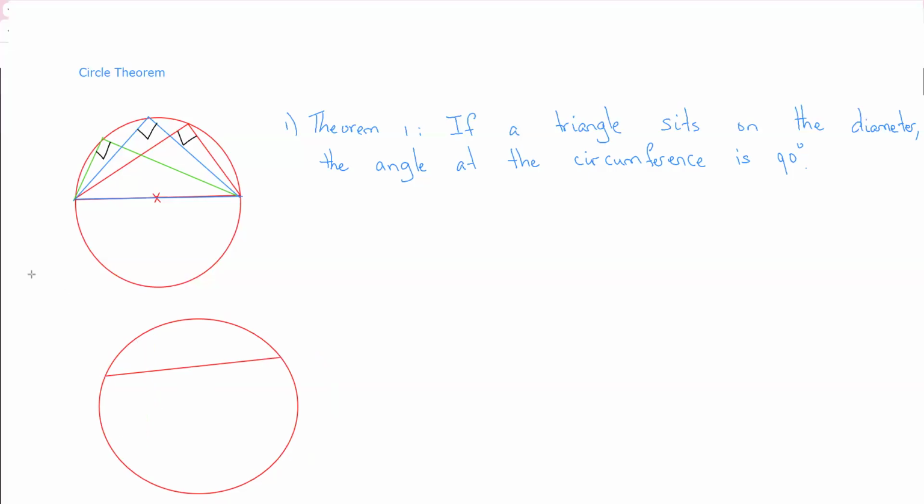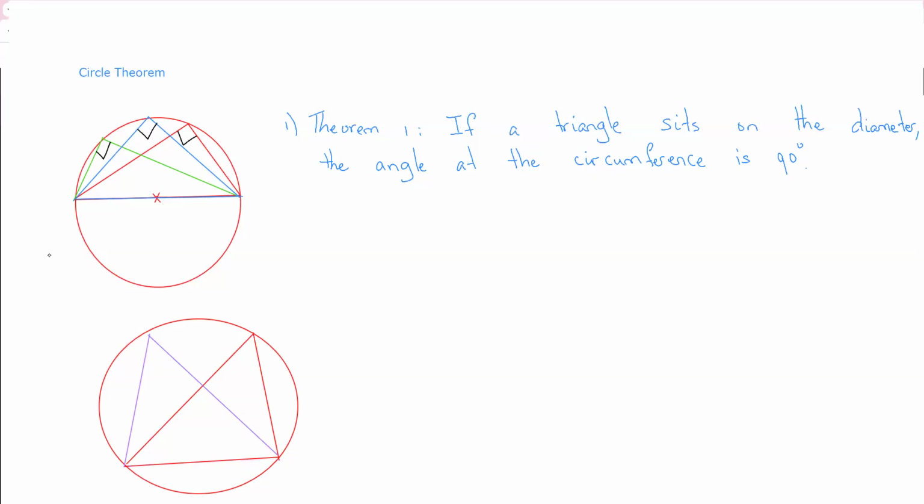Your chord could be in any direction, but it's basically connecting two sides of the circumference, but it's not going through the center. So let's say we have some triangles sitting on the same chord. So they're all sitting on this chord here. So it could go in several directions, right? So they could have more than one, but they're all sitting on the same chord.